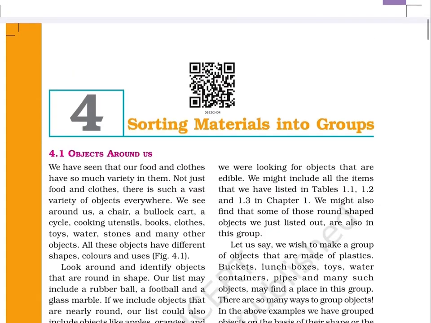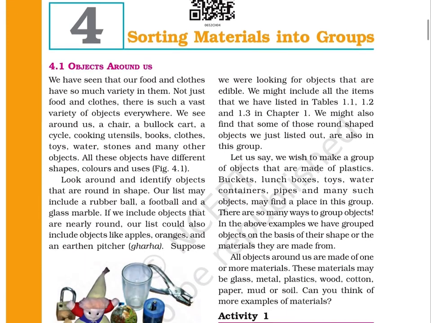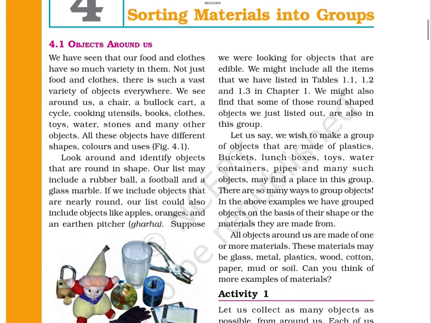Suppose we were looking for objects that are edible. We might include all the items that we have listed in tables 1.1, 1.2, and 1.3 in Chapter 1. We might also find that some of those round-shaped objects we just listed out are also in this group.